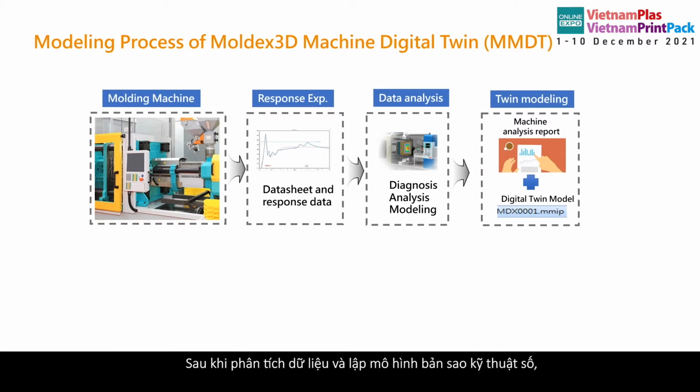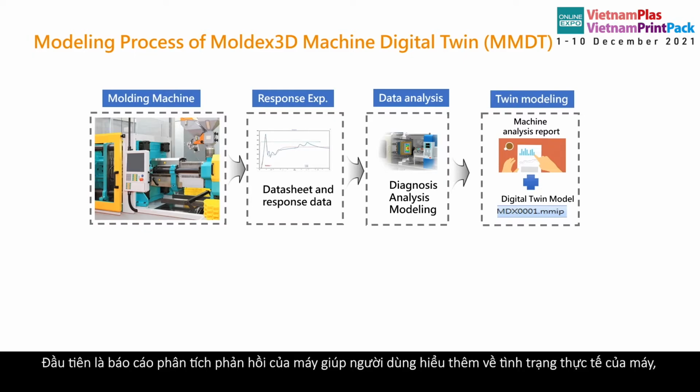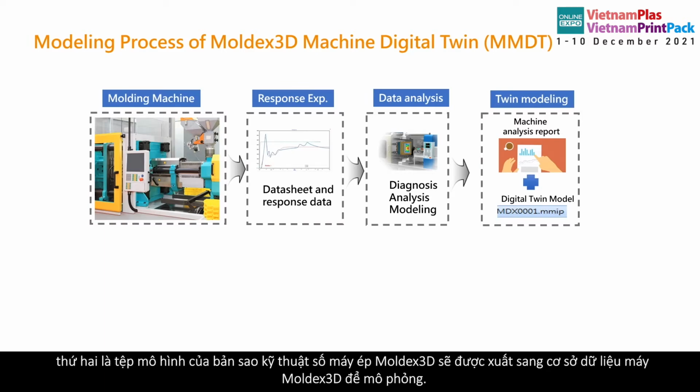After that, two parts will be delivered to users. The first is the machine response analysis report, which helps users further understand the actual status of the machine. The second is the digital twin model file, which will be exported to the Model 3D machine database for simulation.